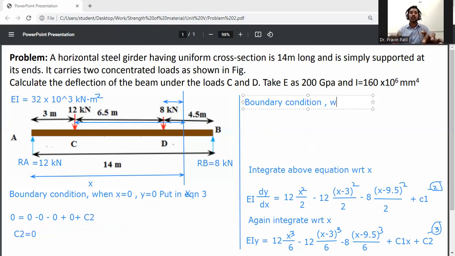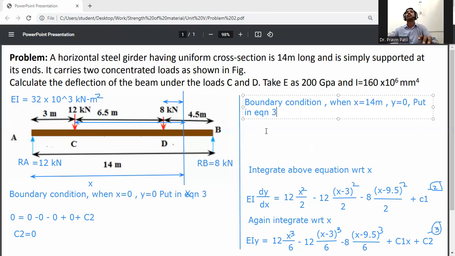Second boundary condition: when x is equal to 14 meter, y is equal to 0. Okay, so put in equation 3.